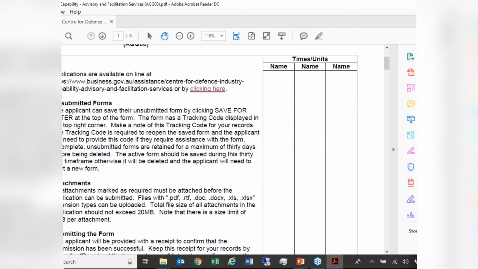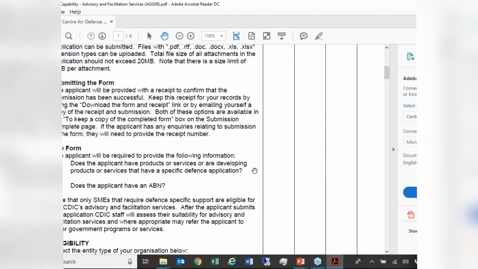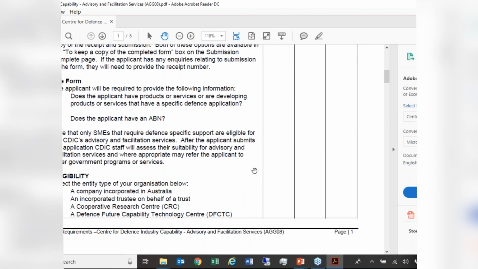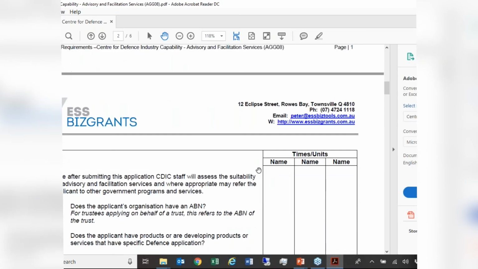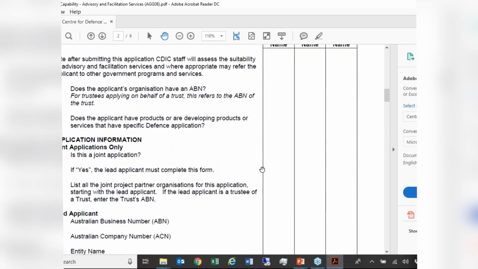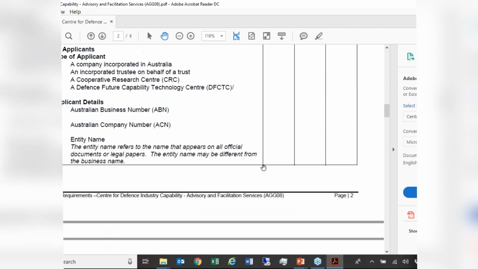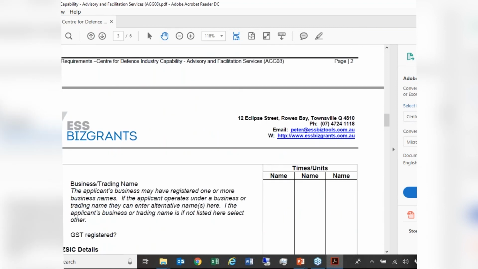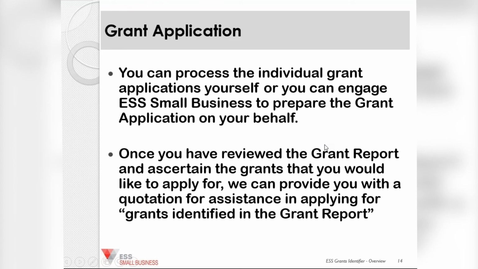This is the application requirements for the defence industry grant, basically in the same sort of format as the previous one, guides you through what's got to be included so you can tick it as you've inserted the amount into the system or the details into the application. You can process the grant application yourself. That's the whole basis of how we've prepared this system.